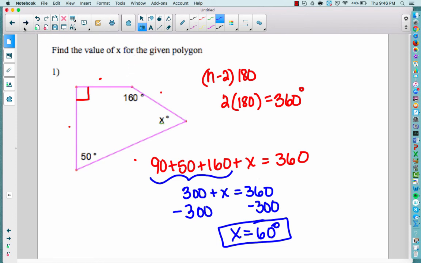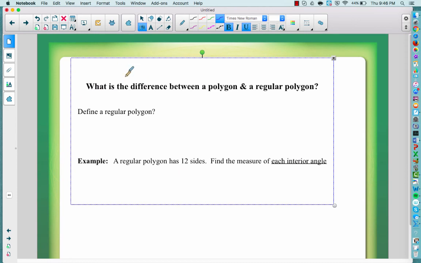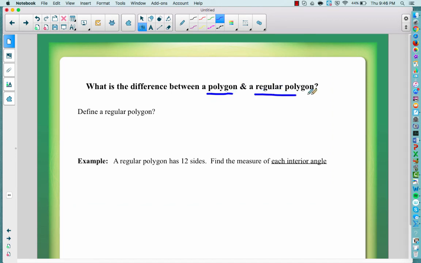All right, on the next page, or at the bottom of the page, you're going to see a question that says, what is the difference between a polygon and a regular polygon? Okay, this is a really important definition, so pay close attention. We're going to see lots of regular polygons.